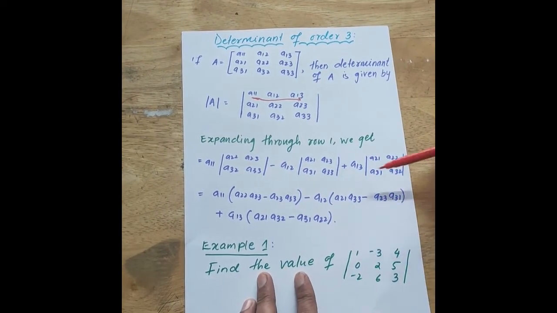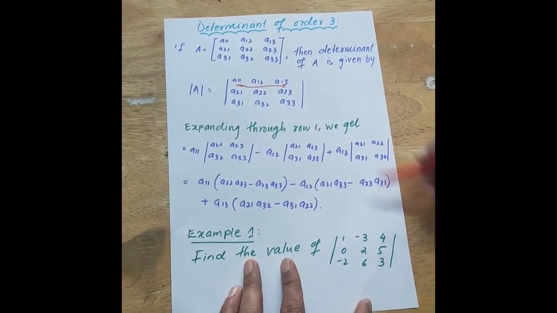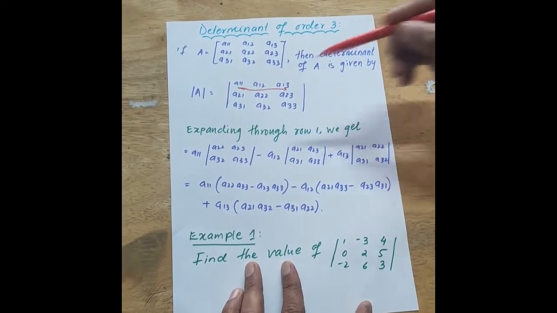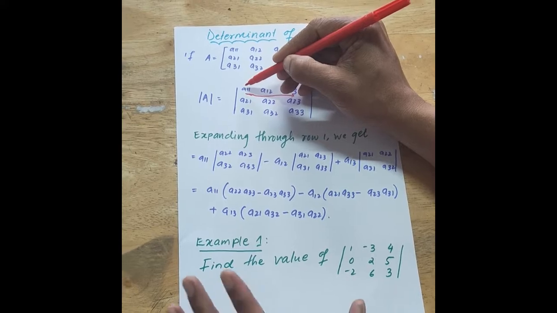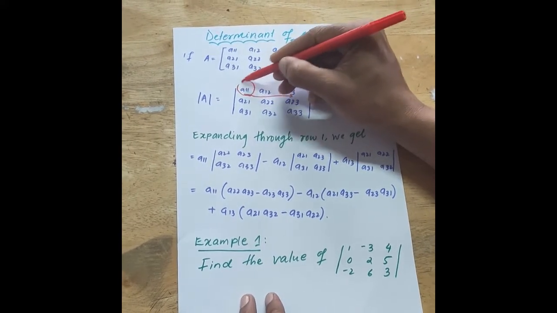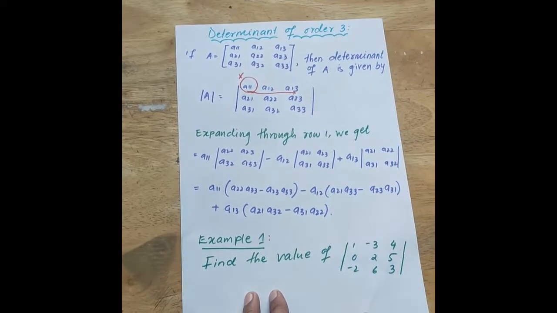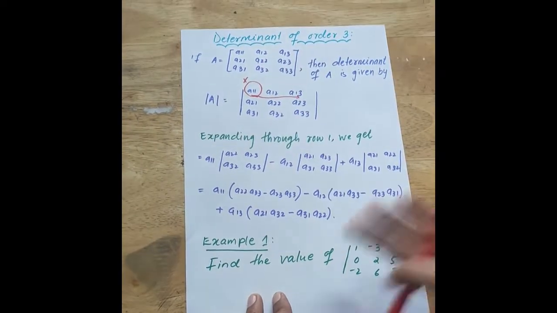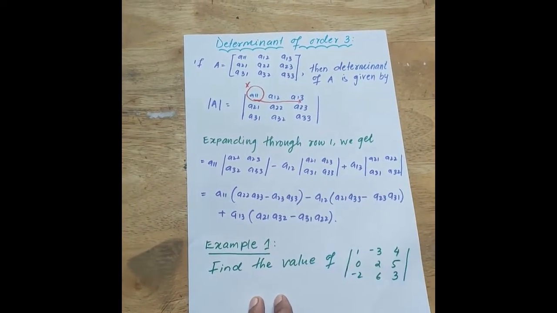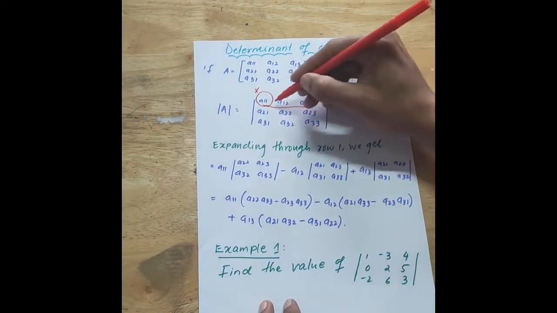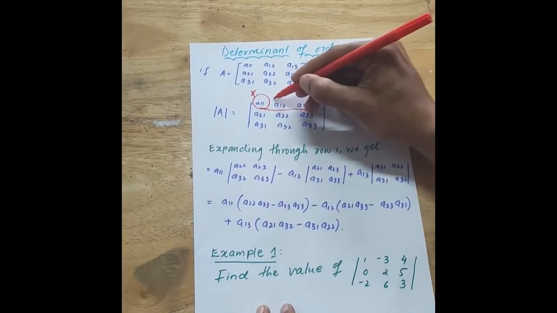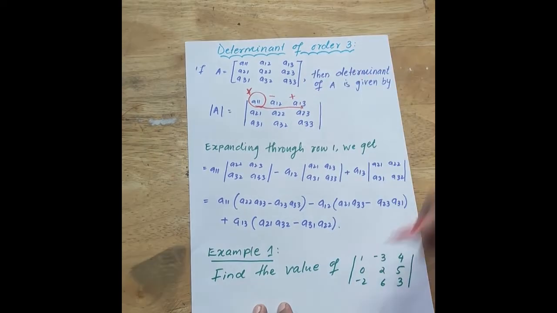Before you find the determinant, you have to assign a sign to these particular elements. You start from the left hand corner of the element. This element here gets a positive sign, then the signs alternate whether you move horizontally this side or vertically downward. So if you start with this plus sign, this is going to become minus, this is going to become plus.